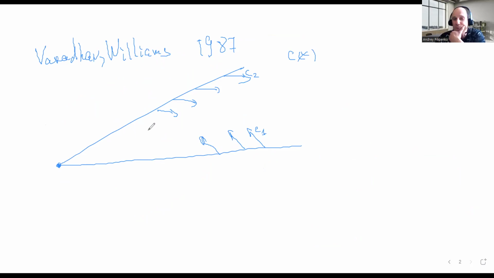For example, the necessary and sufficient condition that ensures that the diffusion hits 0 is the following. Consider this angle alpha 2, this angle alpha 1. We assume that this angle is positive and this angle is negative.